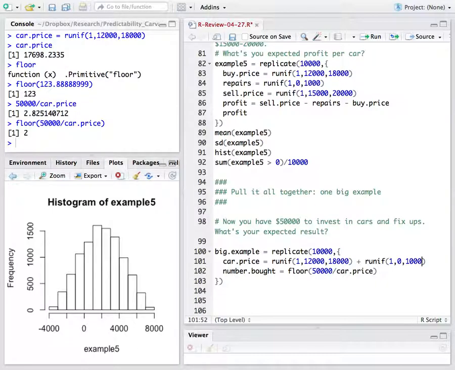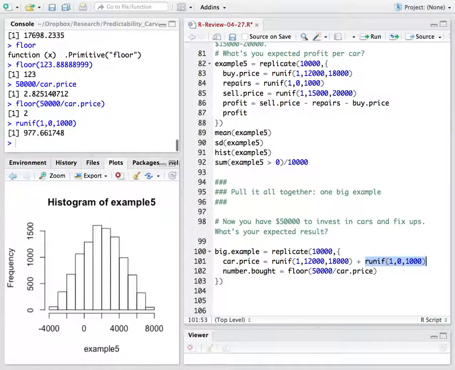Now, given the stark difference between the small dollar value of the repairs and the larger price of the car, I probably won't need to worry about that too often, but we want to make sure that this is a functioning business and we don't run into situations where we can't fix the cars we buy. So what if we do that instead? Well, it's only $1,000. Oh, with a lot of repair price today, I guess.